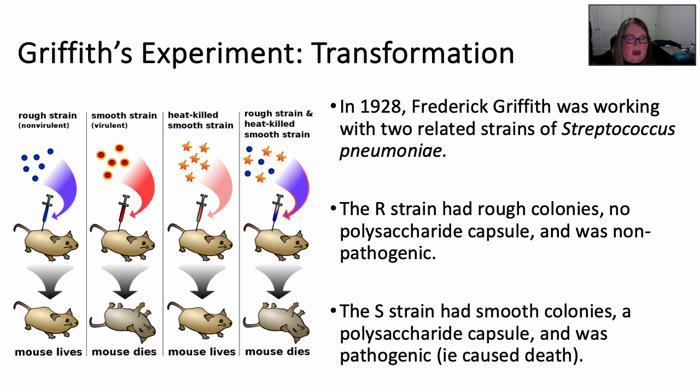And then we have the S strain, which has smooth colonies, so they're not rough on the outside when we look at them. The R strain and the S strain differ from each other. The R strain has no polysaccharide capsule on the outside of it, and it's non-pathogenic. Whereas the S strain does have a polysaccharide capsule, and it's pathogenic, meaning it causes disease.